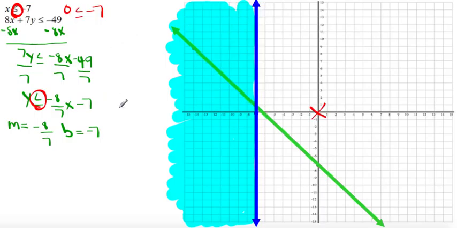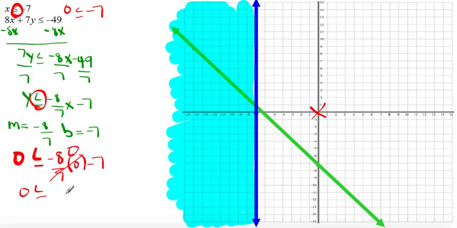Okay, I do the same thing to the green line. I'm plugging in the origin to see if I shade above the green line or below the green line. So I plug in 0 is less than or equal to negative 8/7 times 0 minus 7. So I have 0 is less than or equal to negative 8/7 times 0 is 0.